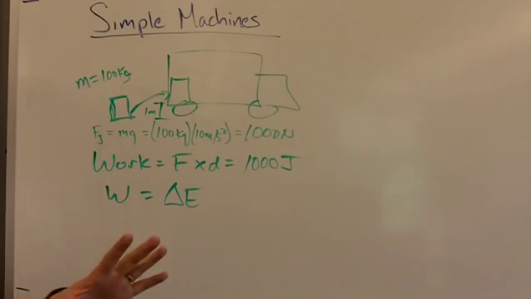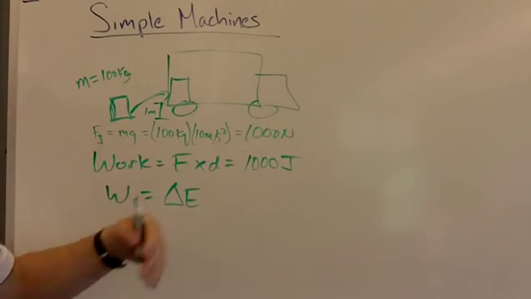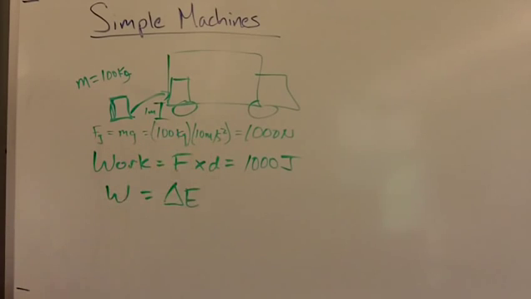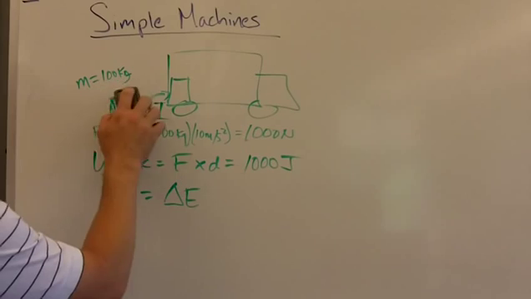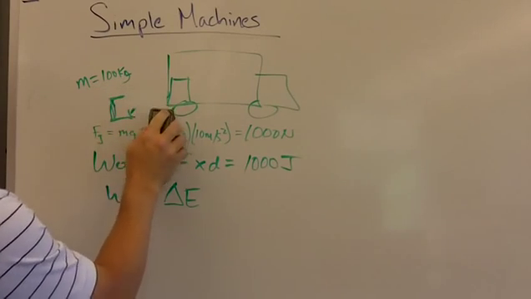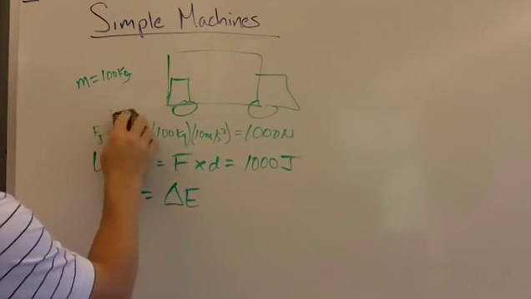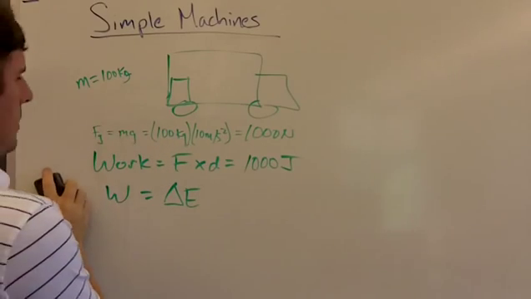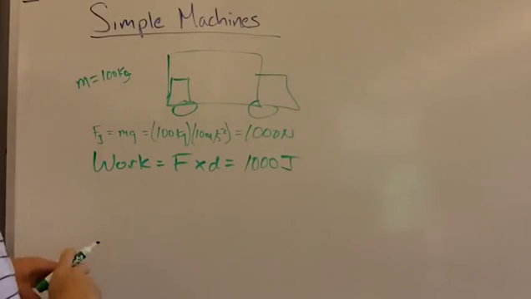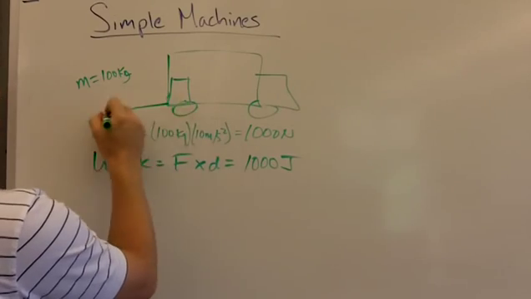But let's say that you are not strong enough to do 1,000 joules of work. You can only exert a force of 500 newtons. Let's say that's as much force as you can muster. In which case, we'll have to do something else. We'll have to put a ramp in the back here.